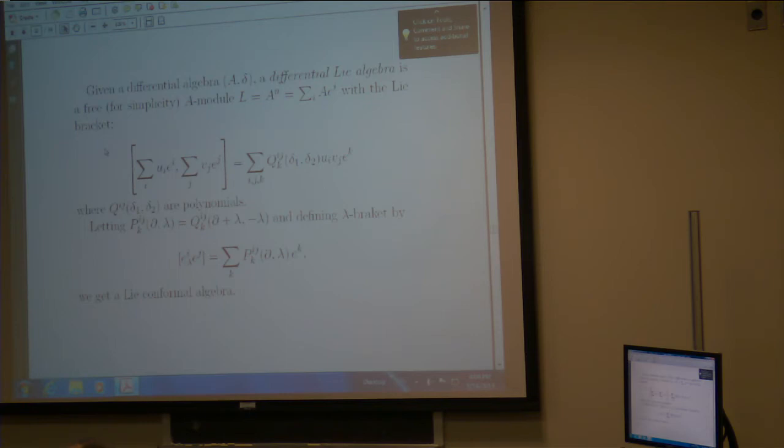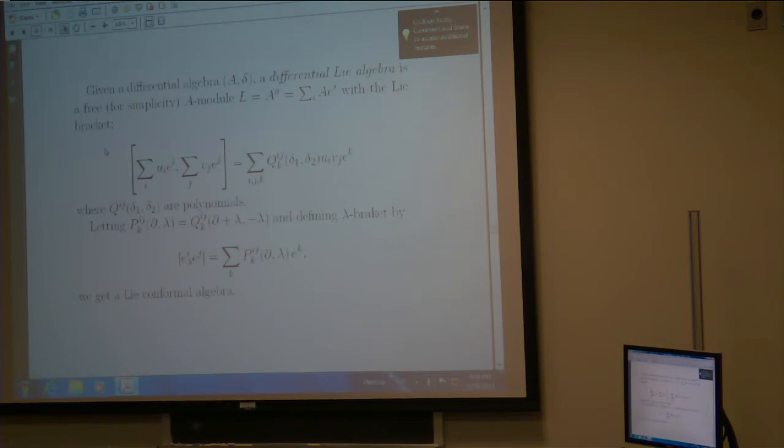So this brings up something else. Take delta, our distinguished set of derivation operators, delta 1 through delta n, and take what I call F delta, which is all linear combinations of delta 1 through delta n with coefficients in F. Those are all derivations.